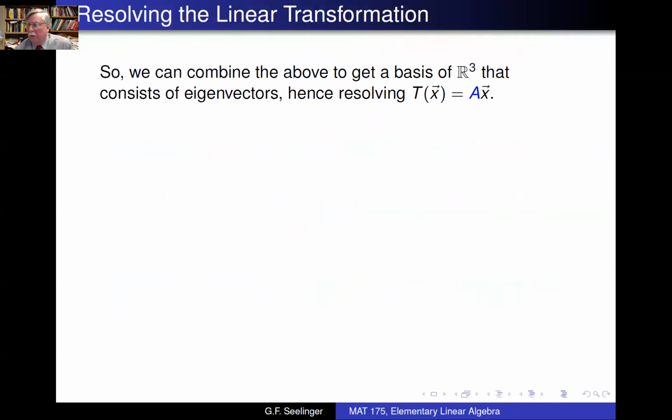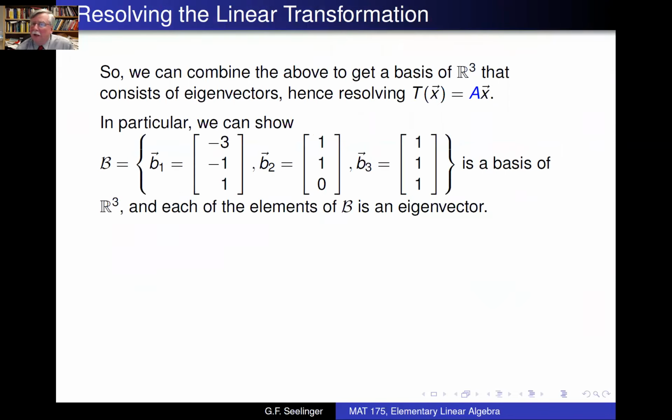And it turns out we can combine the above to get a basis for R3 that consists of eigenvectors of this linear transformation. So we can show that these 3 eigenvectors are actually a basis for R3, and each of the elements is an eigenvector.